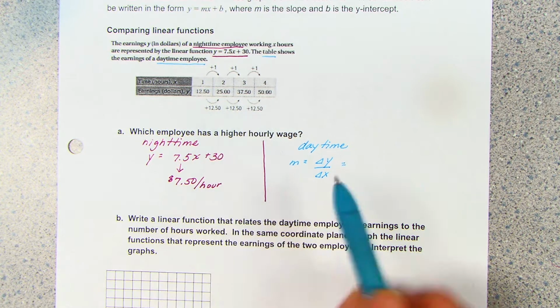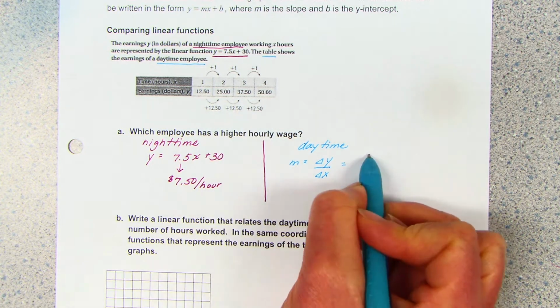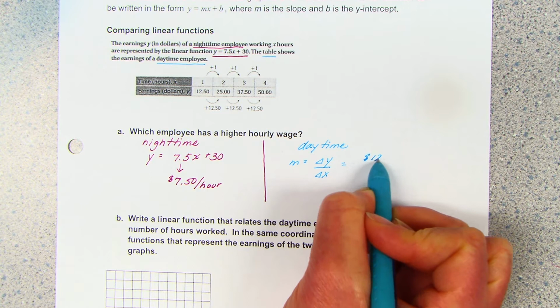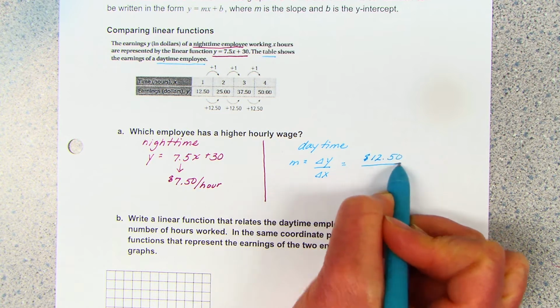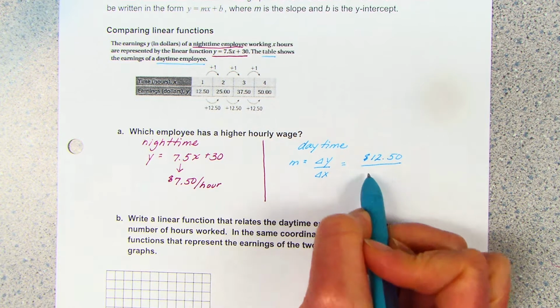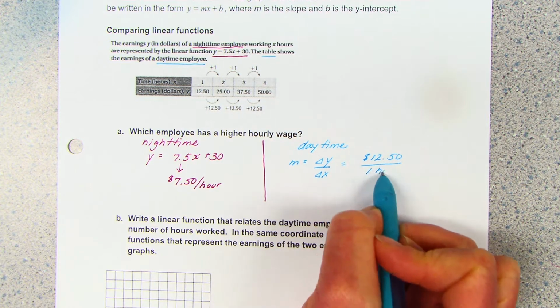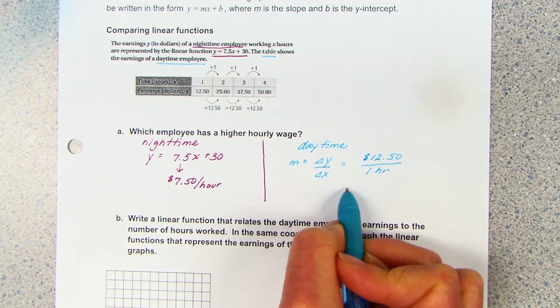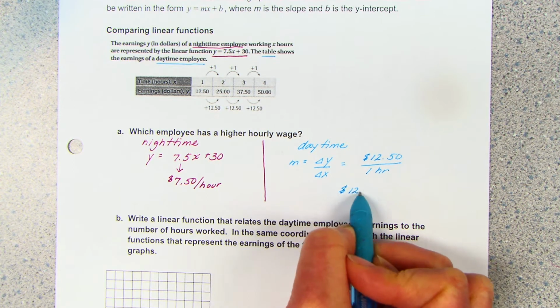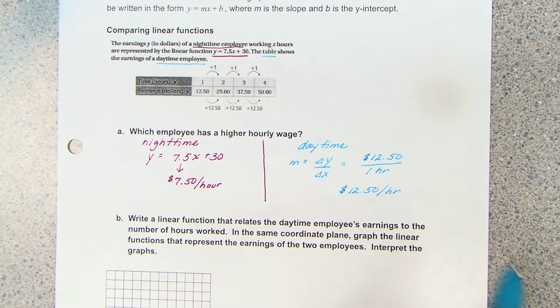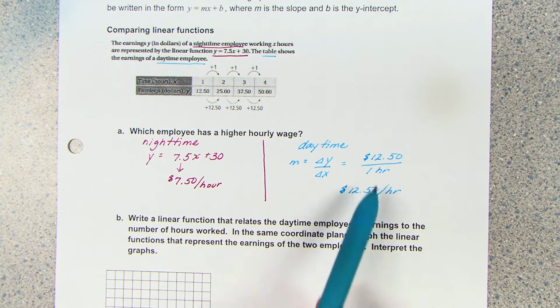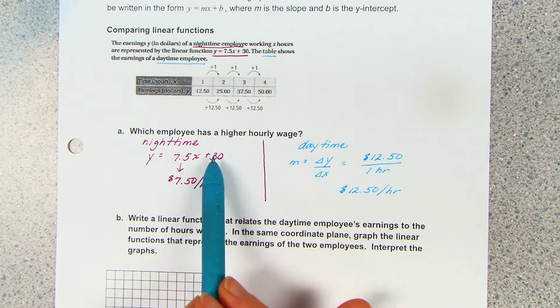They showed us that the y value is changing by $12.50 per the x value changing per hour. So the daytime employee is making $12.50 per hour. So the daytime employee makes more, but they don't get that $30 bonus.